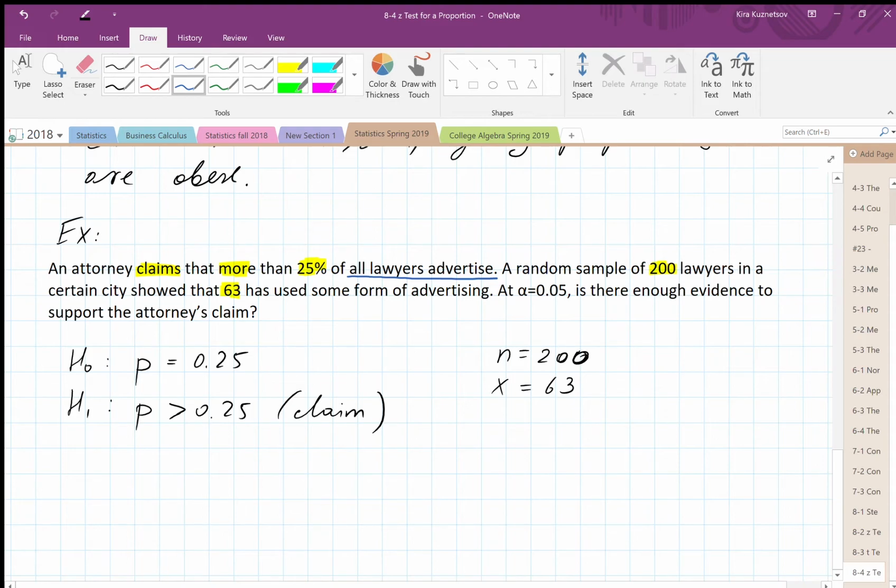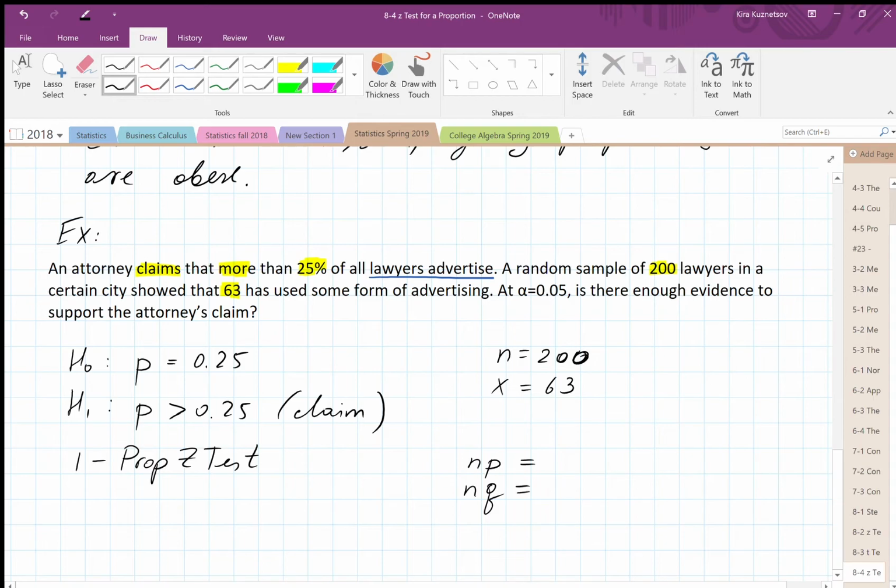All lawyers advertise. So 25% of all lawyers advertise. Let me erase the all. Lawyers advertise. Okay, so state the null and alternative hypothesis. Write down the name of the test that you're going to run. So this is a one proportion z-test. Make sure that you're able to run this test by checking the conditions np and nq.